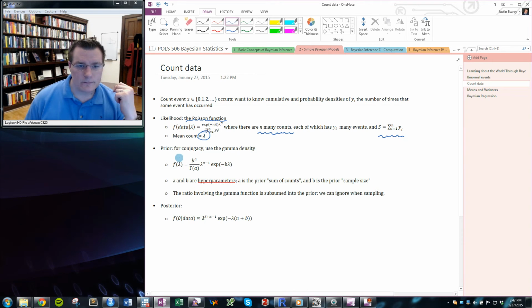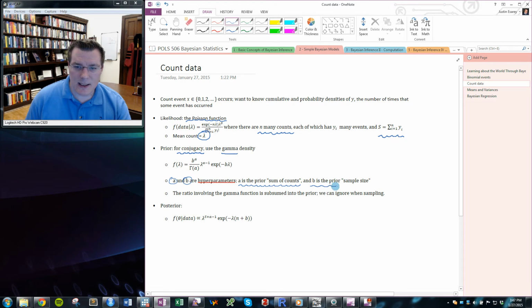So what if we want to form a conjugate prior to be able to have an analytically closed posterior density of counts? Well, we can use the gamma density. This is the gamma density. Once more, it looks a lot like a Poisson. It's not a mistake. We've got some prior parameters here, A and B. A corresponds to the prior sum of counts that we have observed.